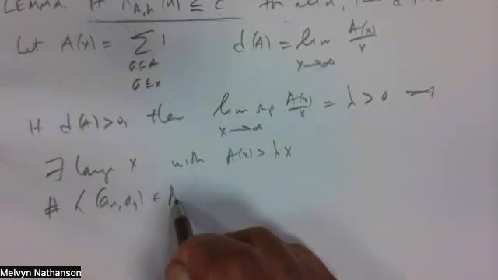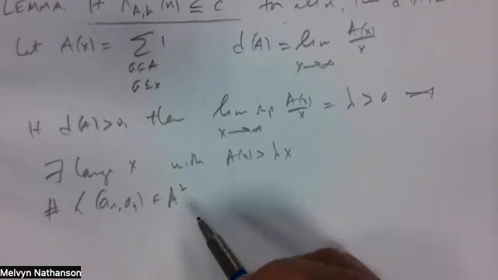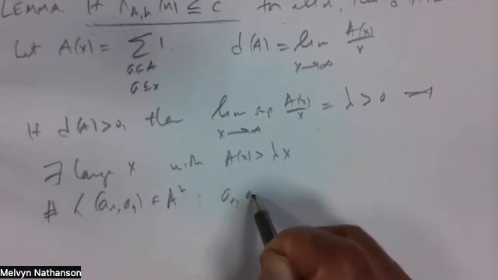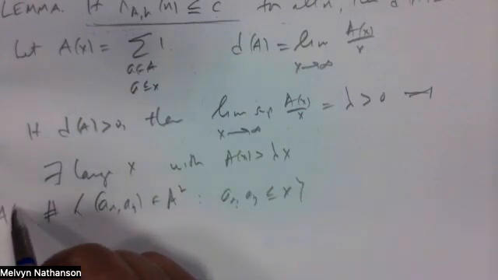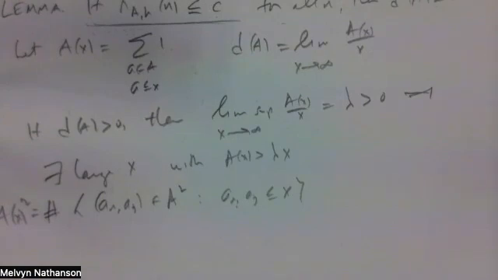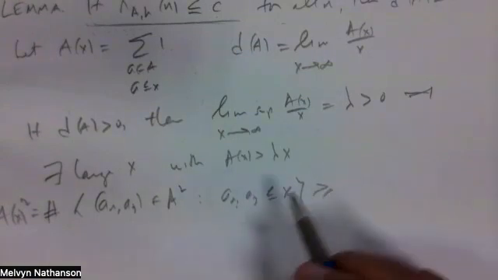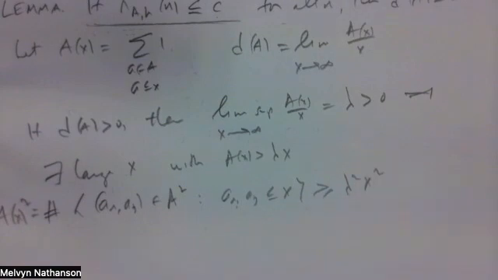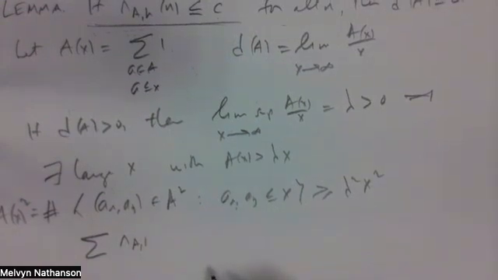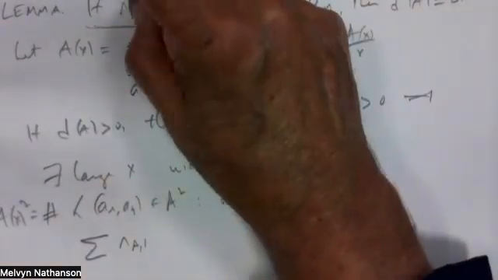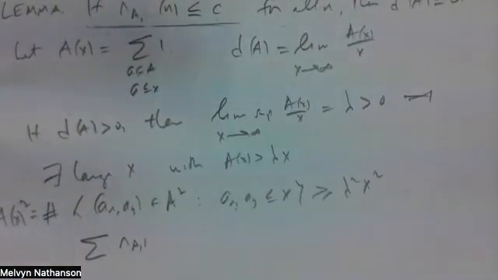pairs AI, AJ of elements of A, with AI and AJ both less than or equal to X, this is A of X squared. This is greater than or equal to lambda squared X squared. Let me just restrict this to the case H equal 2, because that's all that Erdős and Turan considered in their paper.